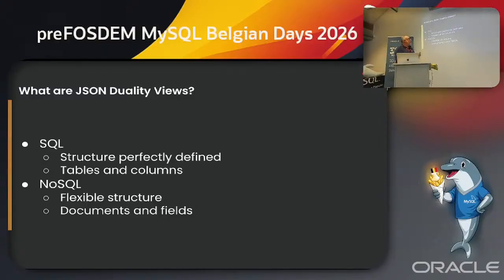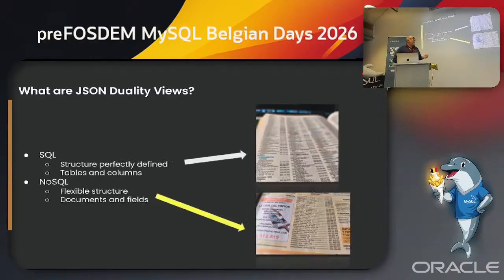We don't want tables, we want a flexible structure, we want documents and fields. More or less, I always thought SQL was the white pages and NoSQL was the yellow pages.